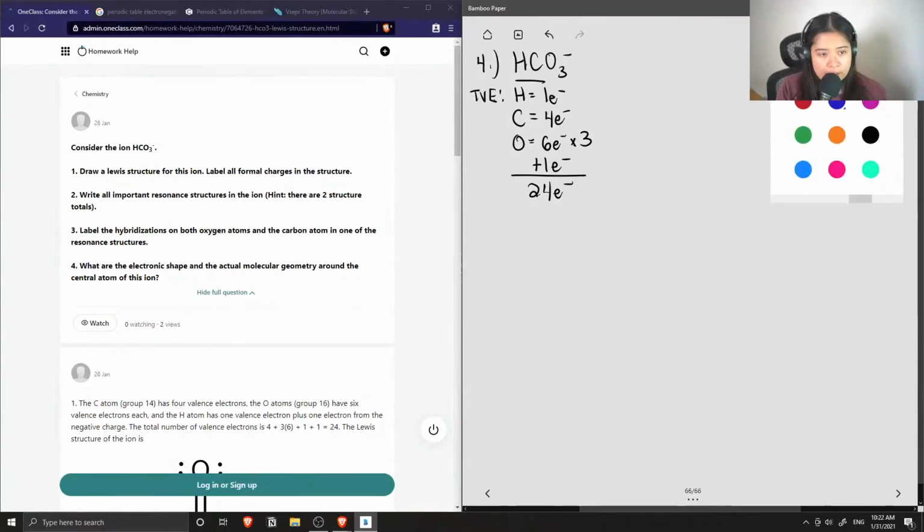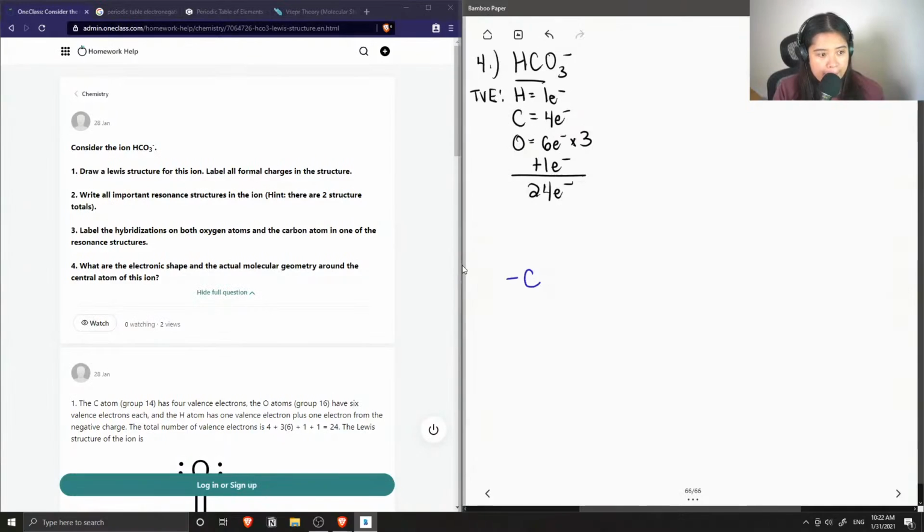Okay, so now let's try to draw out a plausible skeletal structure for this ion. We could have carbon as our central atom. And then I can draw single bonds to each of the atoms.